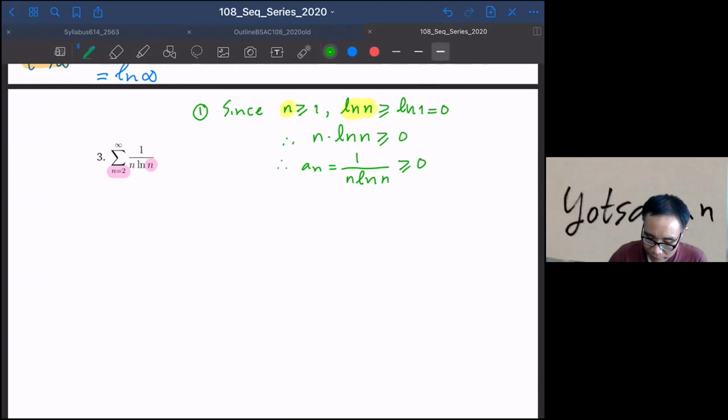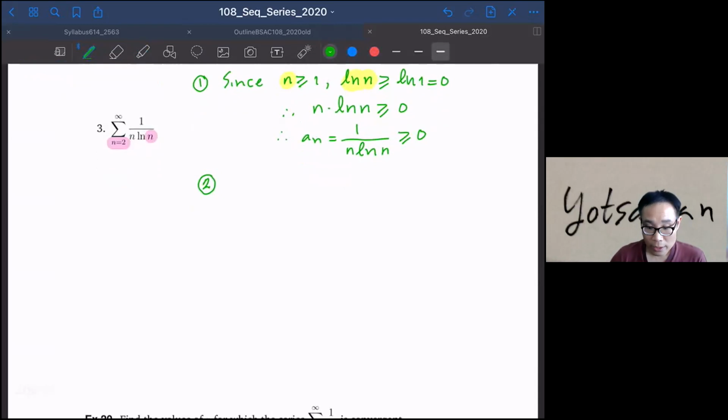The second step, you're going to check for decreasing. We're going to check decreasing by just direct comparison. Why?